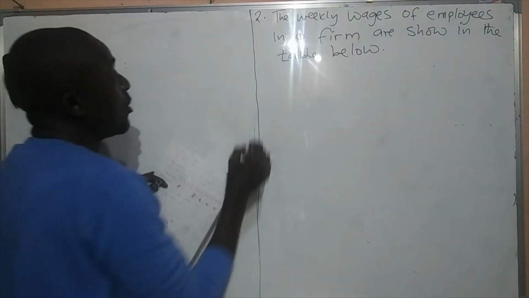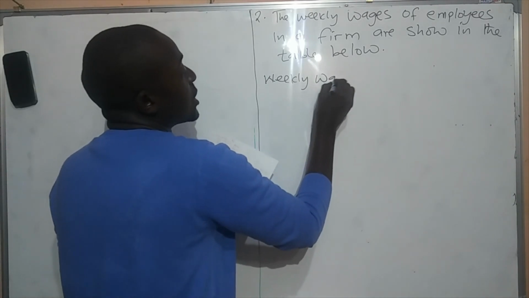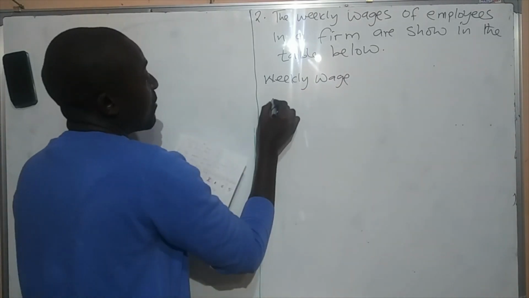Okay, shown in the table below. So we have weekly wage. Then we have frequency here.